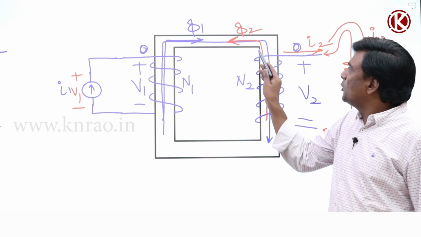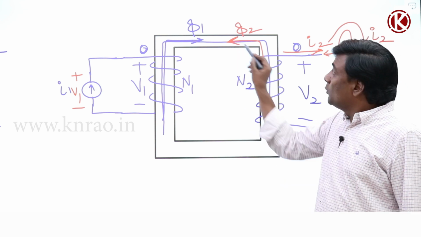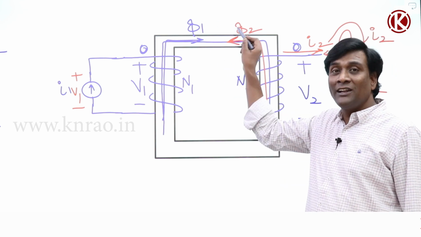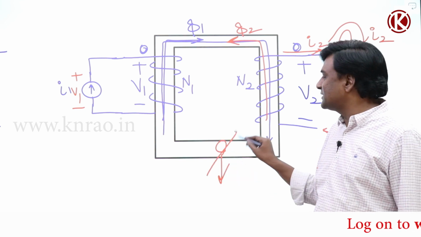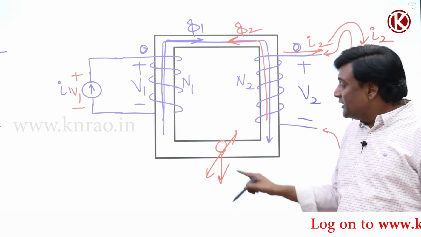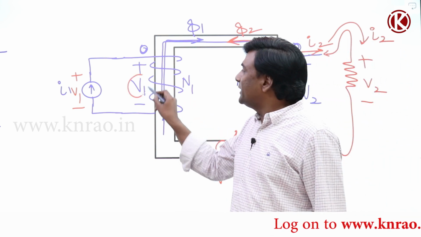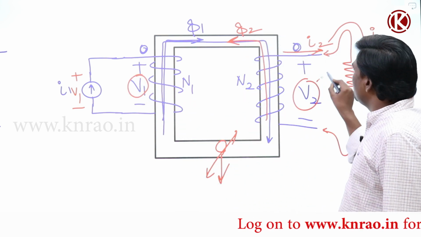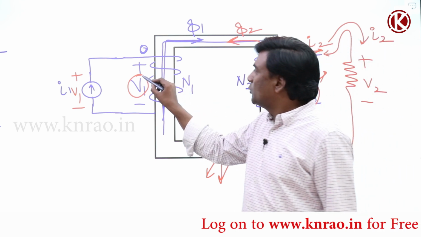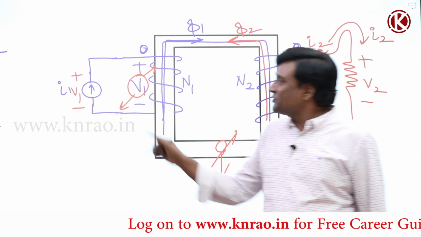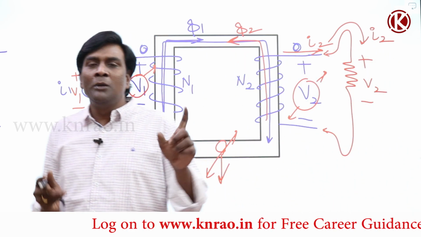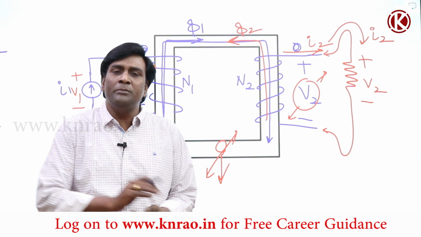So the moment phi 2 occurs, what is the net flux here? The net flux is going to reduce, or at least I can say the net flux is going to vary. If the net flux varies, the voltage here and the voltage here are going to vary. It's okay. Why? Because for a current source, the current is known, but the voltage is unknown. Any voltage it can be.